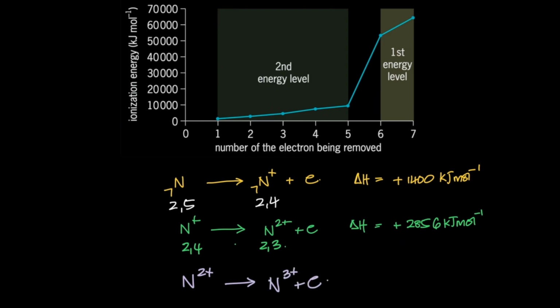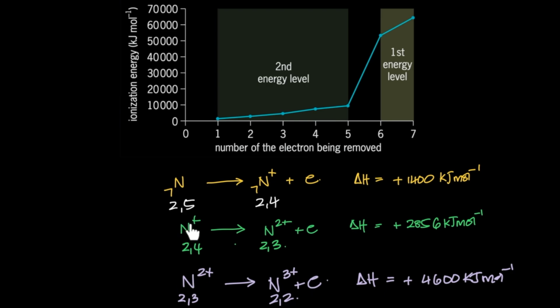Now you could say every time you lose 1 electron, it becomes harder to lose the next one. The third ionization energy, I'm telling you, is about 4600. I'm approximating it. Now obviously the values are increasing, and why does the value increase? Because in the second ionization energy's case, I'm removing an electron from a 1 plus ion, while in the third ionization energy's case, I'm removing an electron from a 2 plus ion.